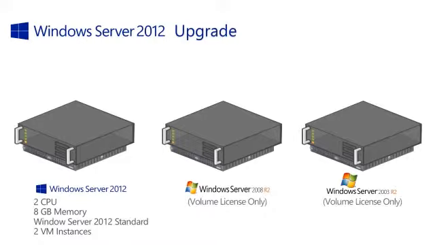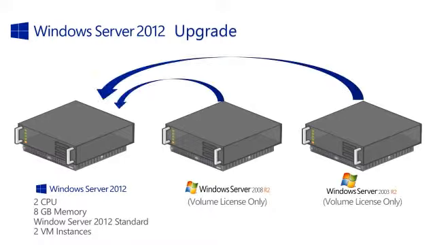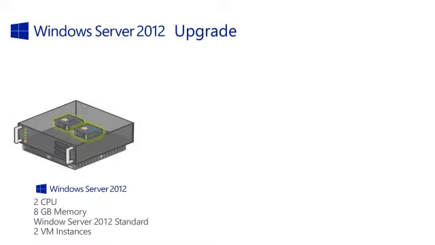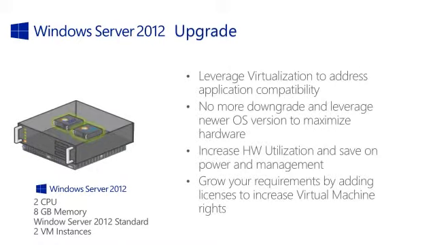The customer can now leverage virtualization and do what's called a P2V, or a physical to virtual migration of the physical servers into virtual instances on Windows Server 2012. Application compatibility is addressed in the VM, because even the 2003 VM that's running on Windows Server 2012 is 32-bit. So in this specific example, we leverage virtualization to address application compatibility.